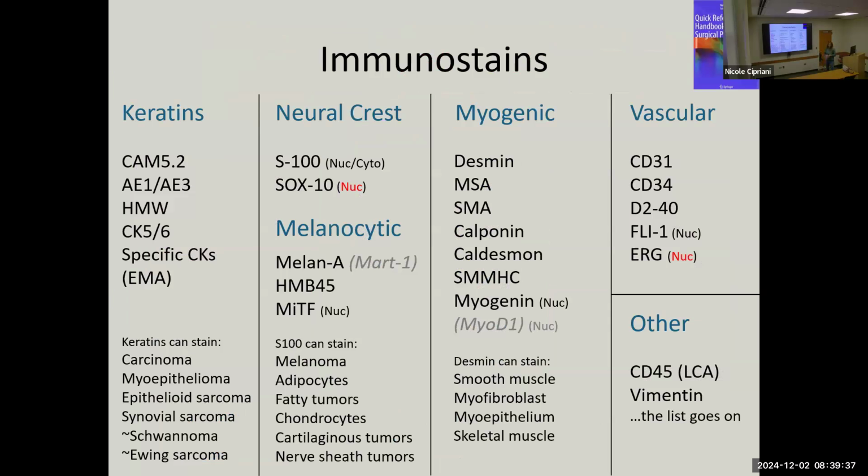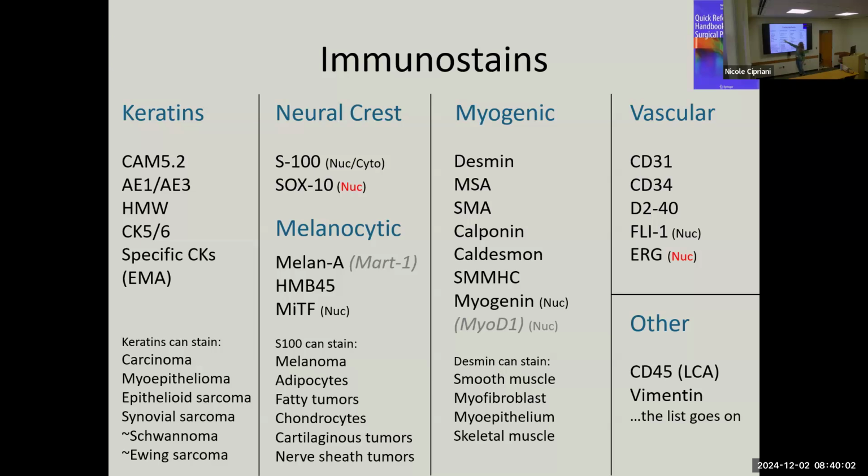And immunos. So there's a lot, right? There's a lot, and we will go through them when we work up the differential diagnosis of tumors on our service. But generally, we want to think about broad panels. Keratins, right? We know that they can stain carcinomas or myoepithelial tumors, but they can also stain some sarcomas, right?